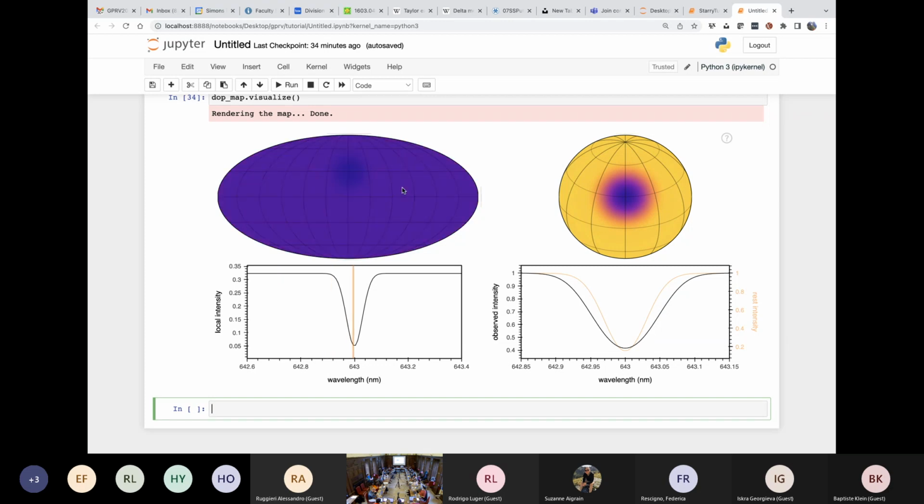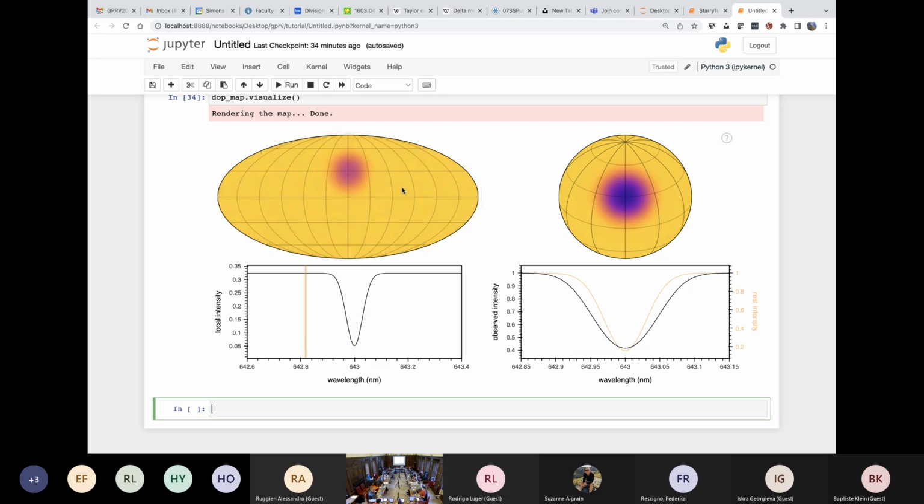In the center of the spot, the star is darker everywhere. Outside of the spot, the star is brighter. And if I move my mouse over to where the spot is, the spectrum is lower everywhere. So this is a gray spot, right? The spot is just less flux at all wavelengths. Move around on the surface of the star.